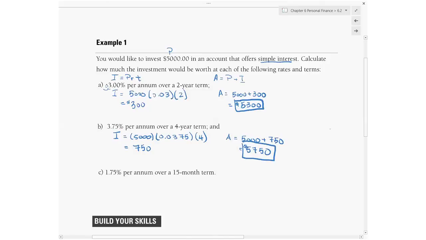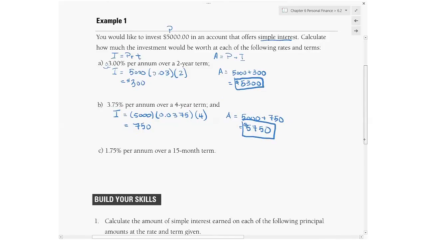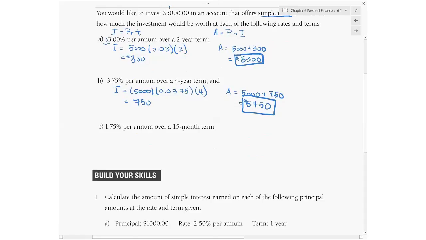Now the last one, we've got 1.75% per annum over a 15-month term. This is per year, but the term is 15 months. Well, how many months are there in a year? There's 12. So this is 1 year and 3 months. You've got to be careful watching what the unit is for our time, because we have to change it to years.